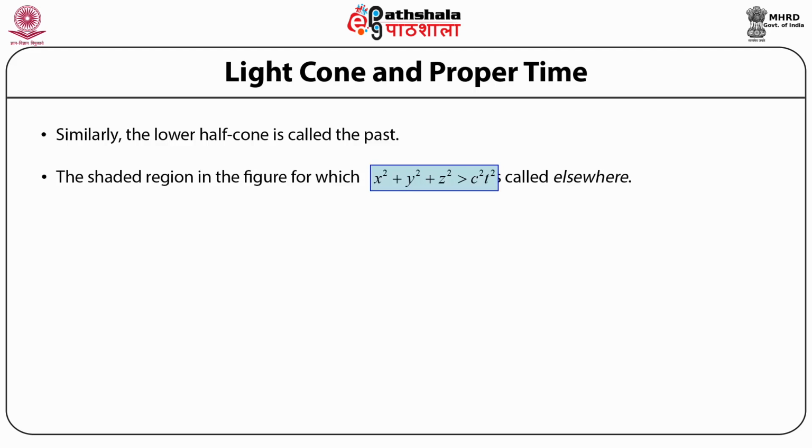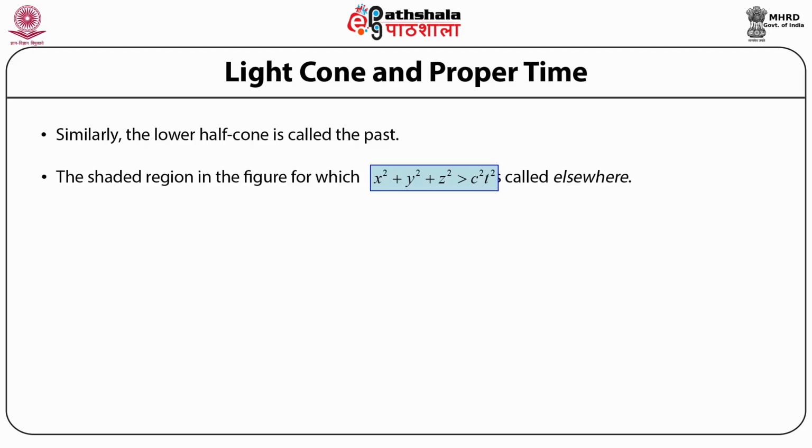The shaded region of the figure, for which x square plus y square plus z square is greater than c square t square, is called elsewhere. So there are three regions that we have defined. The equation x square plus y square plus z square equal to c square t square defines the surface of these cones.